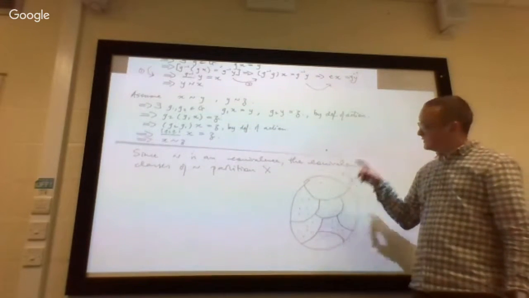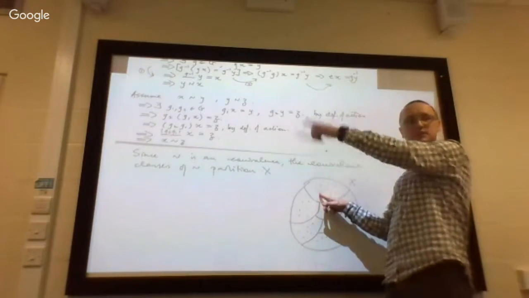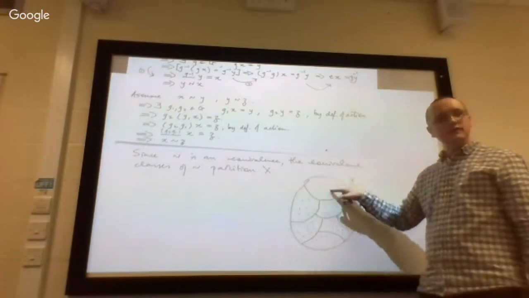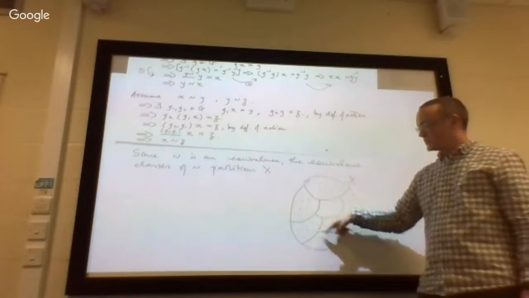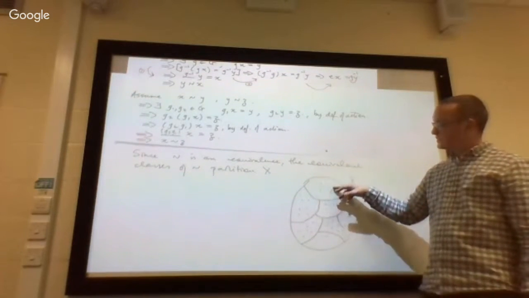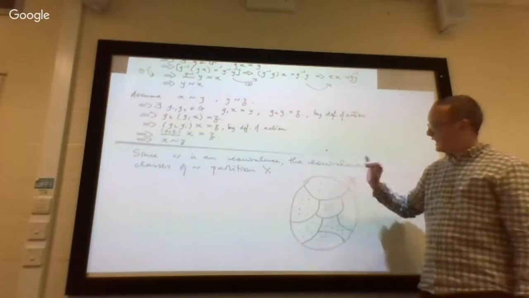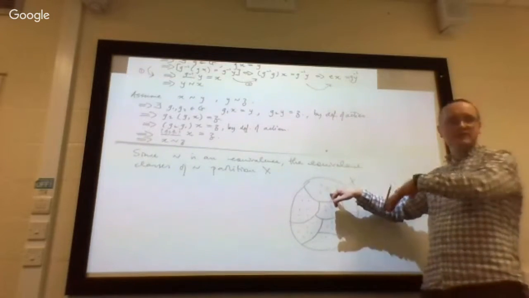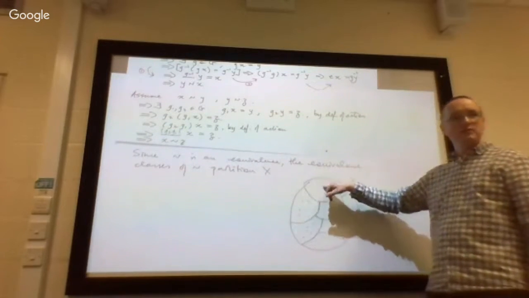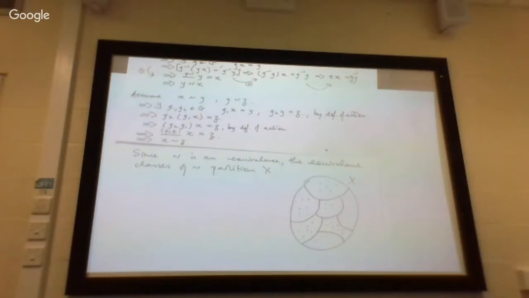And moreover, if you take any one of these elements and apply every possible element from the group to this little x, it'll just move it around within this set. It won't pop it out to here because these are different equivalence classes. So any two points here, you can transfer from one to the other by an application of one of the group elements. And if you take anything from here and hit it with all the group elements, that'll bounce it around across all of the other elements in the set. And those properties come from the fact that it's an equivalence relation.